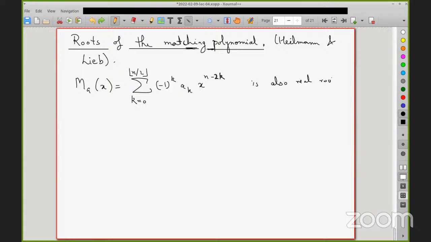Why? It is mu_G(1 minus x) times x to the power n. So it's just x to the power n times mu_G(1/x). Okay, and we will bound the roots of this.